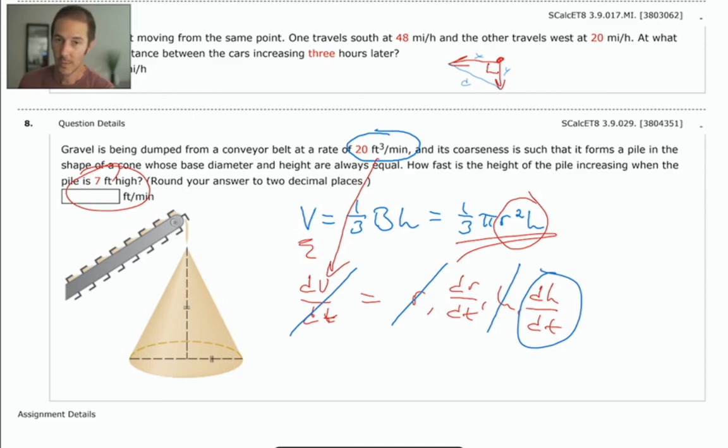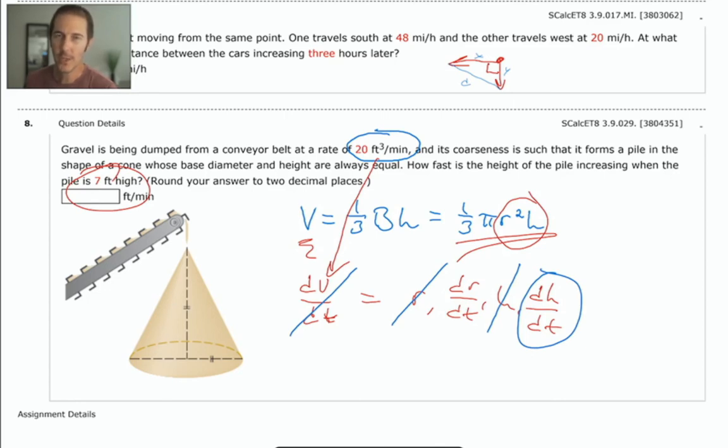Well, I know what to do about it. They didn't give us dr/dt, but they gave us h, and h and r are related.